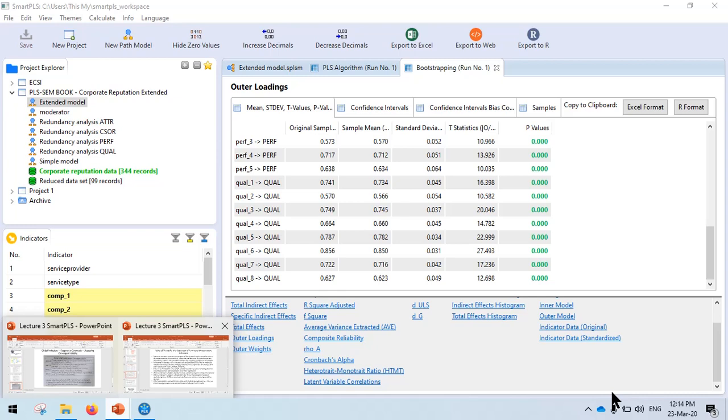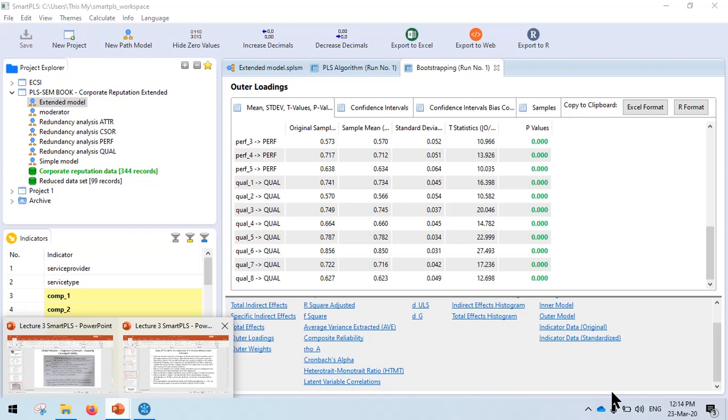Also examine each indicator's outer weight, which is relative importance, and outer loading, which is absolute importance, and use bootstrapping to assess the significance. When the indicator weight is significant, there is empirical support to retain the indicator.